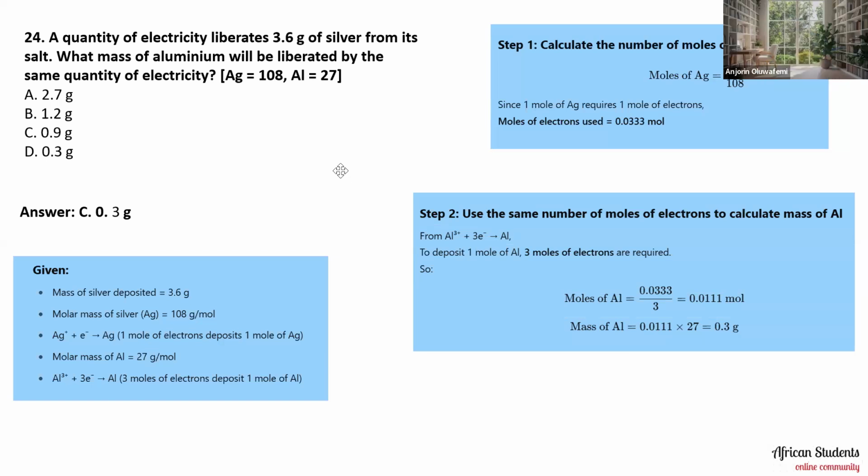So moles of aluminium will be equal to 0.0333 divided by 3, which will be equal to 0.0111 mole. So the mass of aluminium will be 0.0111 multiplied by 27. That will give us 0.3 grams. So that's how we come to the answer that we provided just now.